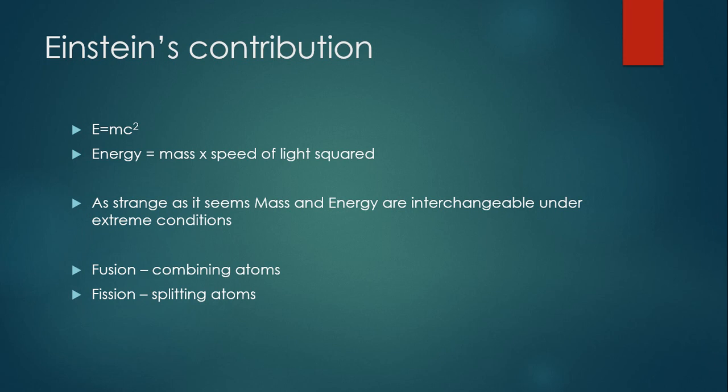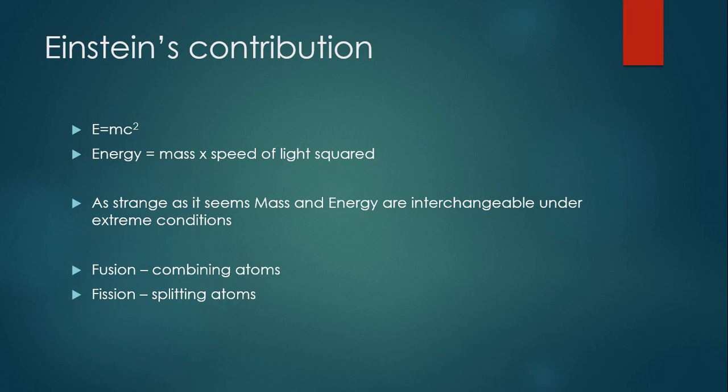So if you multiply anything by the speed of light squared, you get a really big number. So a little bit of mass can turn into a whole lot of energy. This means that mass and energy are actually interchangeable. You can turn energy into mass and mass into energy, only under extreme conditions.